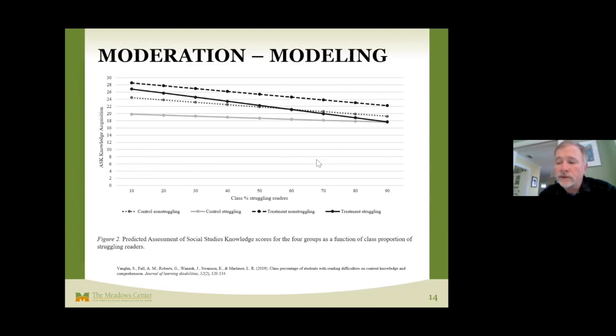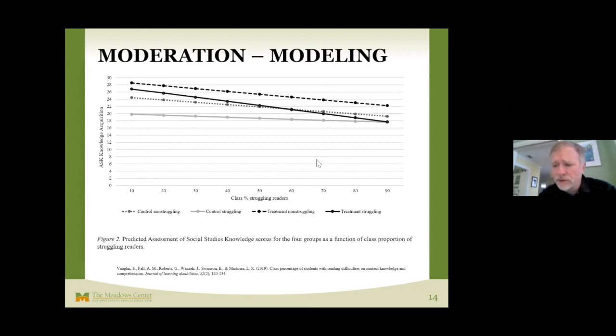Also, the x-axis does not represent time points, even though oftentimes we think of this as being a linear or time related relationship, but that's not true in this case. In this case, the x-axis is different values of the class percent of struggling readers. And we had classrooms with as few as 10% of struggling readers, and we had classrooms with as many as 90% of struggling readers.